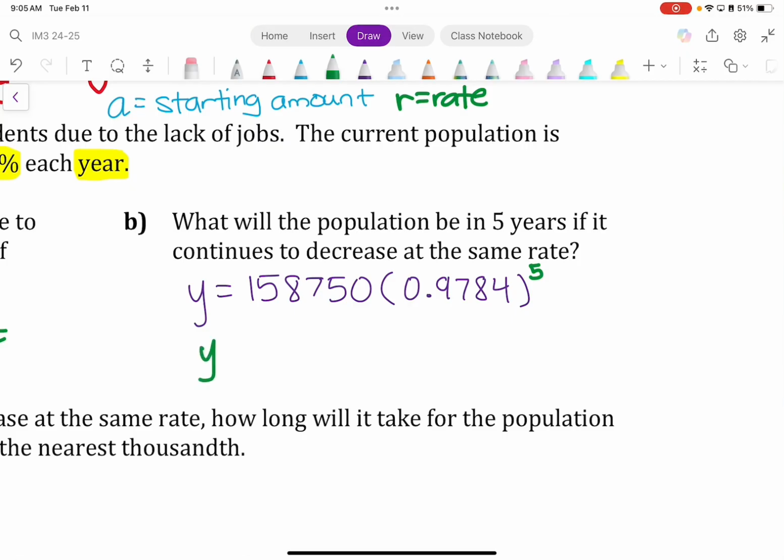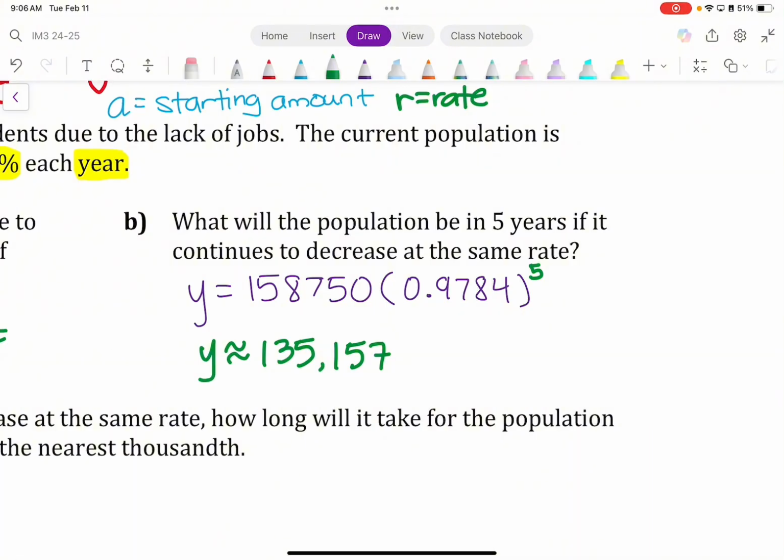So who can tell me what the answer is then? Y is approximately how much? How many people would there be by the end of the 5th year? Go ahead, Kyle. 135,000. What is it? 157. Would the rest of you guys agree with this? This seems a little off. It's a little low. 142,330.